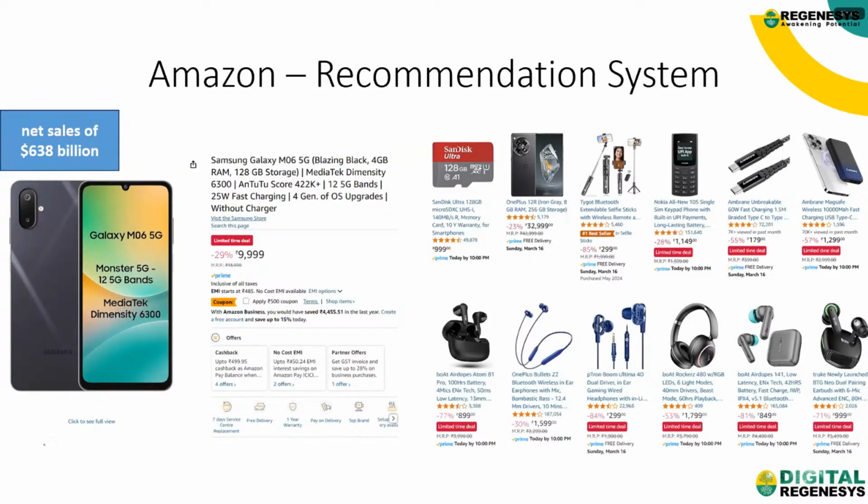So as I have requested a mobile phone, you can see that it is recommending me mobile related products such as selfie stick, earbuds, storage disk, or mobile cover, etc. Right? Because of this recommendation system, maybe I was just interested in a mobile phone, but maybe now I'm thinking of also buying a selfie stick or maybe earphones.